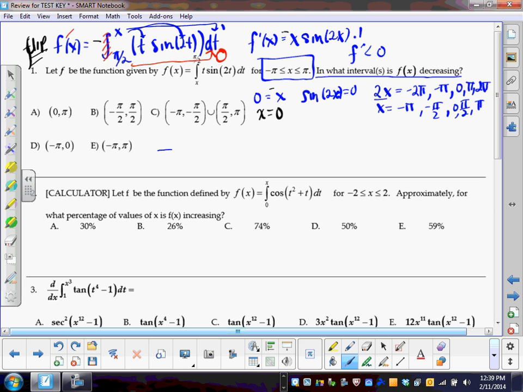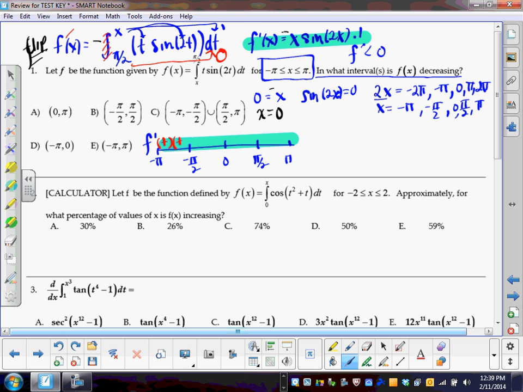Okay, so now if I do a number line for f prime between negative pi over 2, 0, pi over 2, and pi, let's test values into the derivative. If I substitute in negative 3 pi over 4, I get negative times negative is positive for the negative x, and then sine of negative 3 pi over 2 is actually positive.